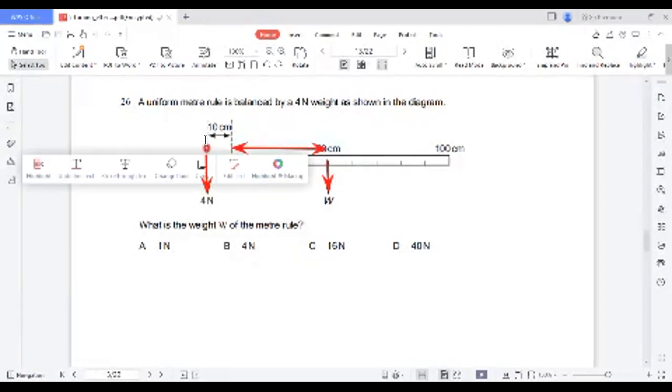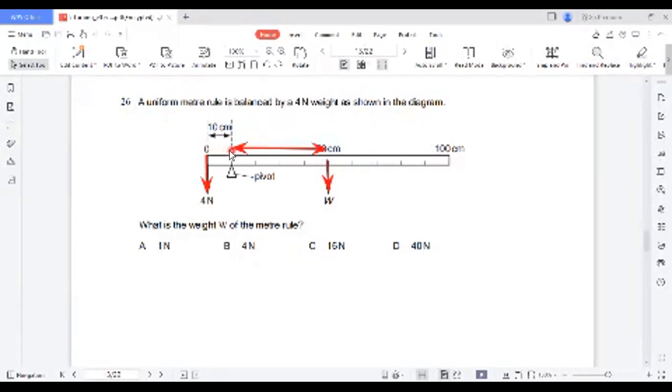From 0 till 50, till the pivot there is a 10, and from 10 till 50 the distance is 40. The perpendicular distance of weight is 40, and look at the perpendicular distance here. The perpendicular distance is 10 and force is 4 Newton.